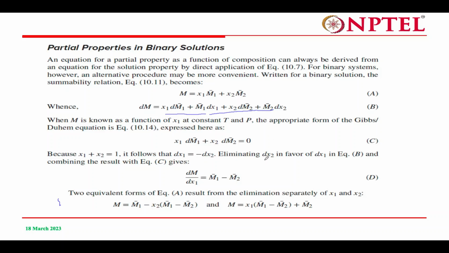Right. Now these terms get cancelled. Now replace dx2 by minus dx1. So you will get dM by dx1 equal to M1 bar minus M2 bar.